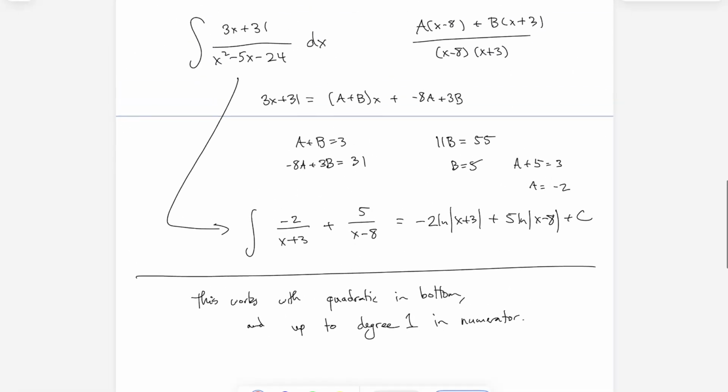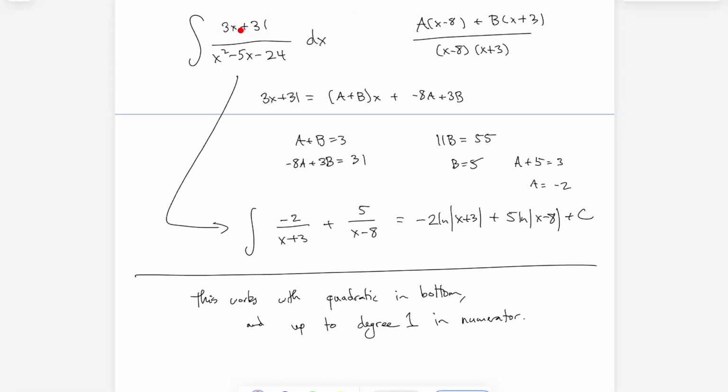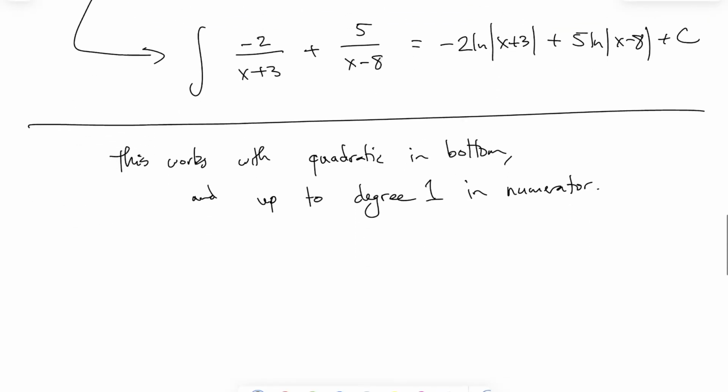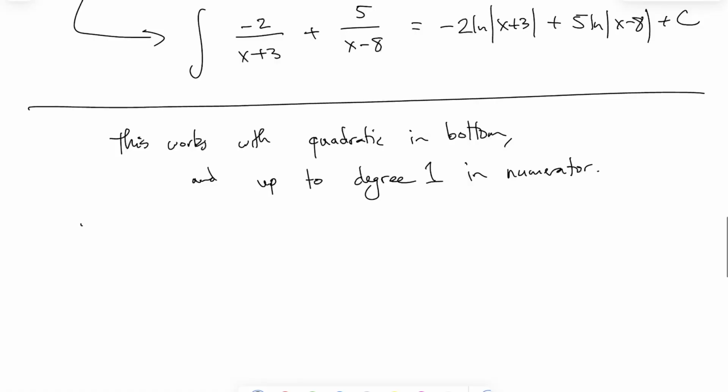That was this right here, right? But you'll see actually there's another problem. If the numerator has degree more than 1, then when you make this common denominator thing, if you had an x squared in the top here, there's no way these could add up to give you an x squared. And so this general technique will not work if the degree in the numerator is bigger than 1. So this is something to discuss.